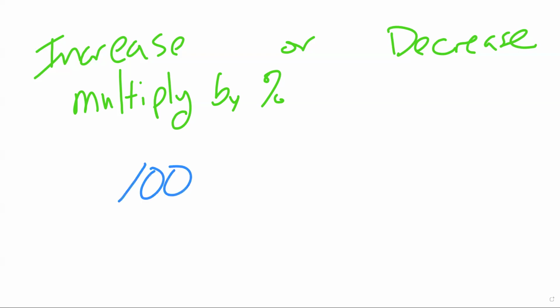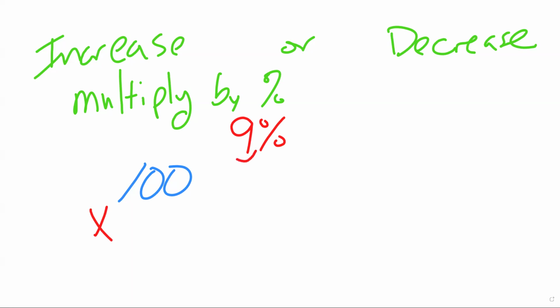So if 100 is our original number, give me a number anywhere between 5 and 10. 9. Okay, cool. So let's say we want to increase or decrease by 9%. The first step is to multiply by 9%. And so what is 9% as a decimal? 0.9.